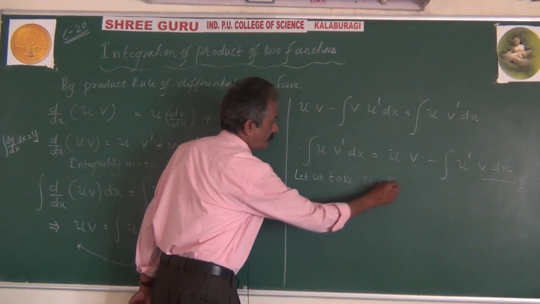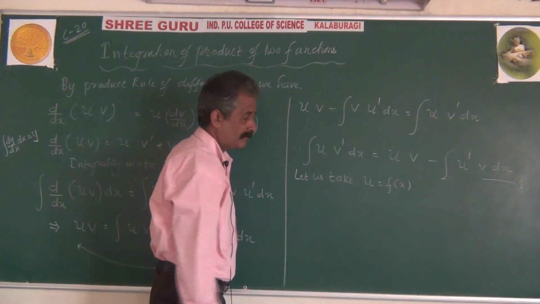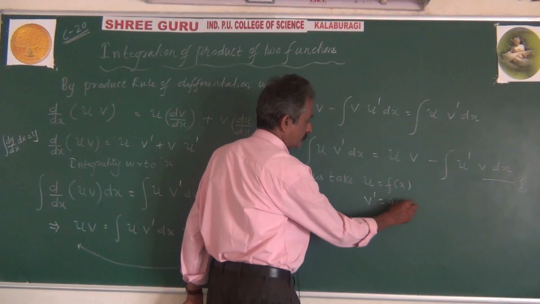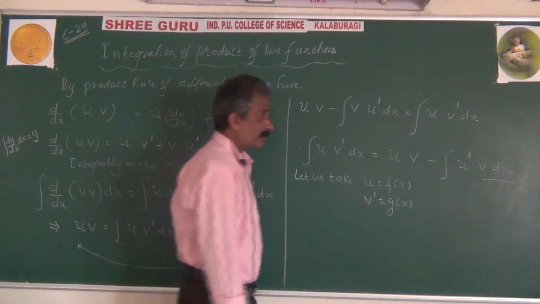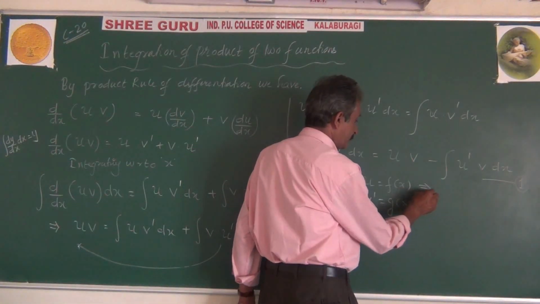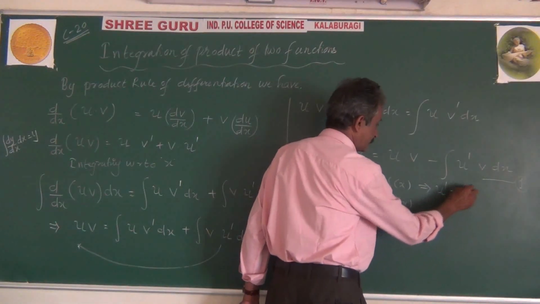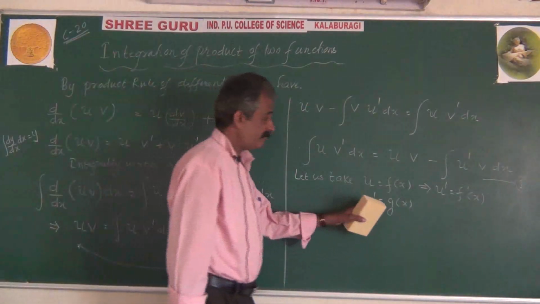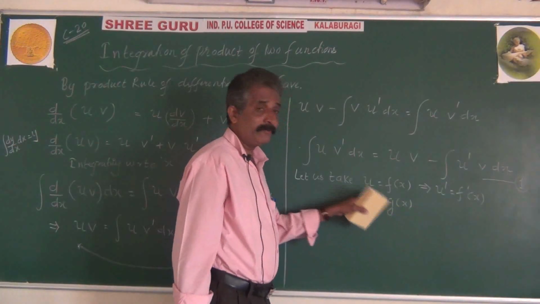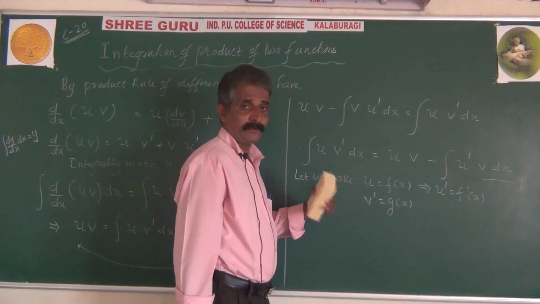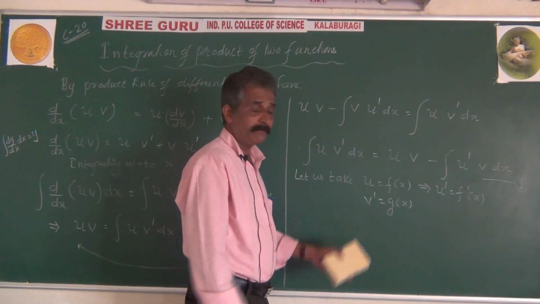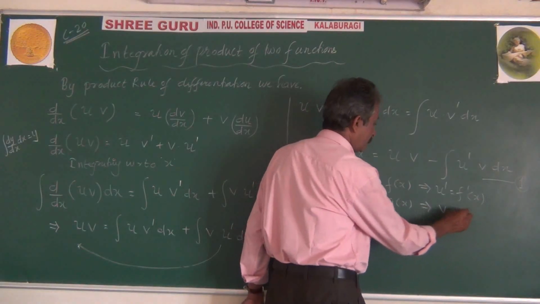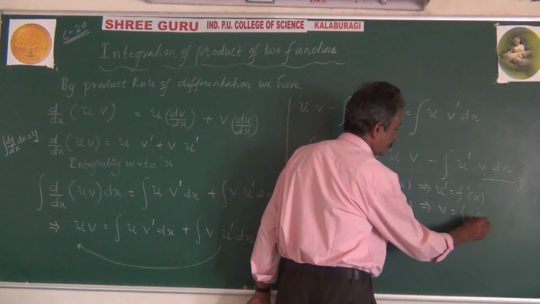So importantly, u equal to f of x implies u dash equal to f dash x. And v dash equal to g of x implies only v, means we don't want dash, we don't want differentiation, meaning is that integration, which implies v equals integration of g of x.